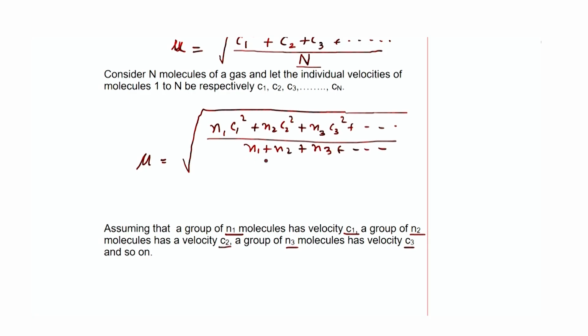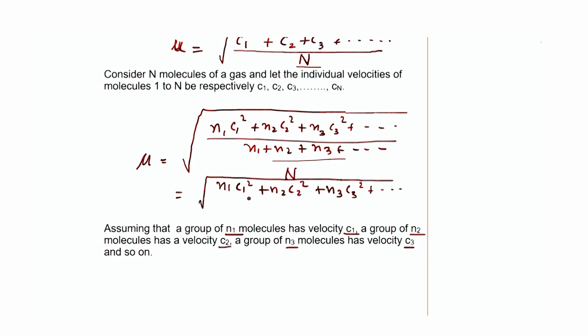And this value, as we have seen, will be equal to capital N. So, that will be equal to square root of n1 C1 square plus n2 C2 square plus n3 C3 square plus so on, whole divided by capital N.